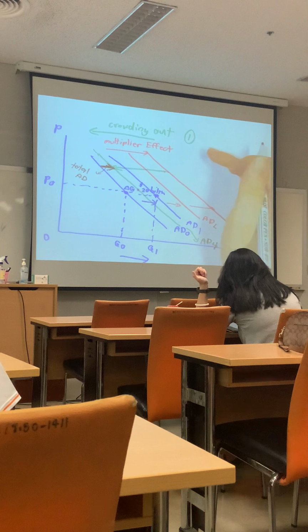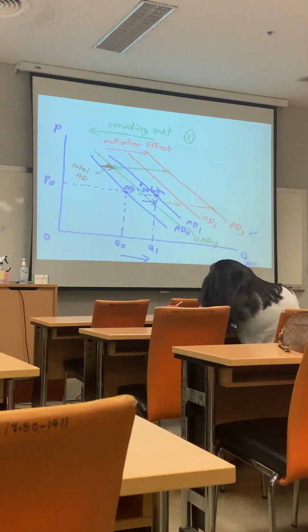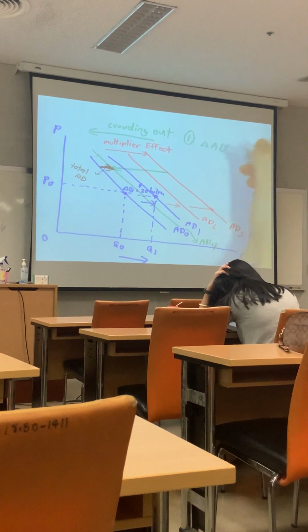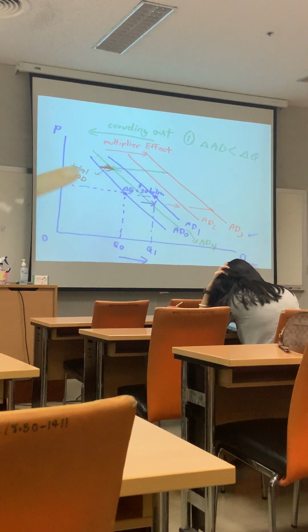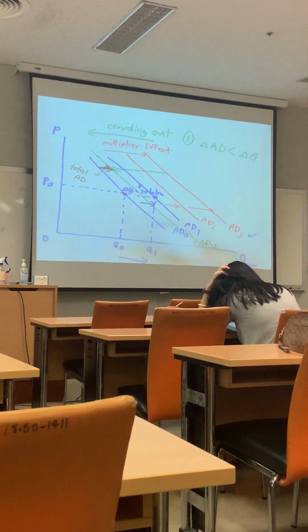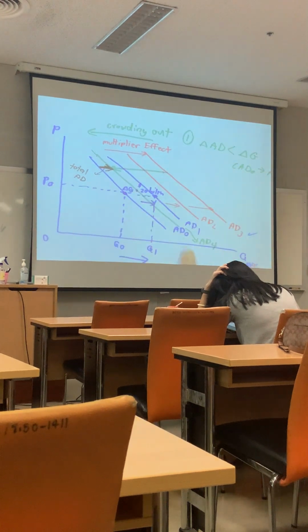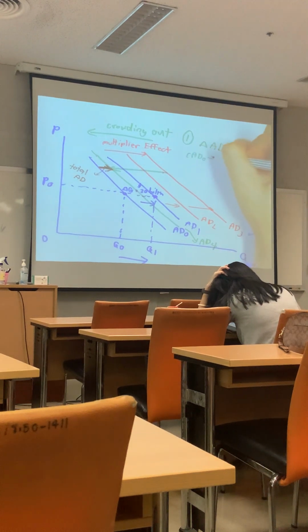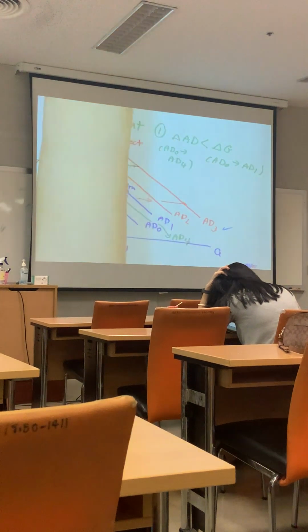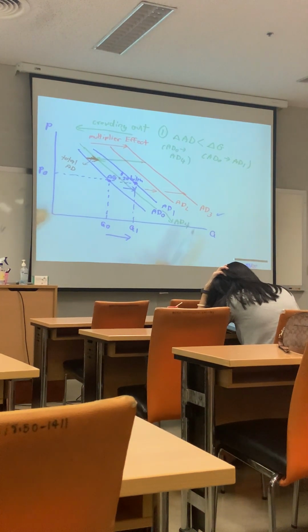And you see that if case number one happened, you will get the result that the change in AD is less than the change in G. Because the change in G, where? The change in G is AD0 to AD1, but the total change is just AD0 to AD4.